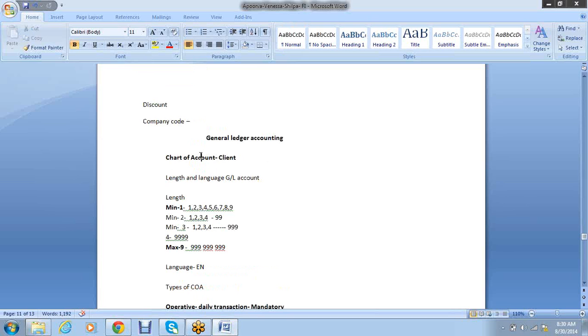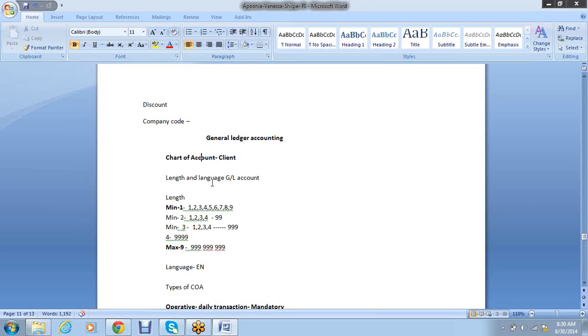Chart of account, remember, is defined at your client level. Chart of account describes the length and language of the GL account. Length: minimum is 1, maximum is 9. Always it is advisable to take the maximum number so that if any expansion or development happens in your company, one more GL account will not be a problem. Language will be English.